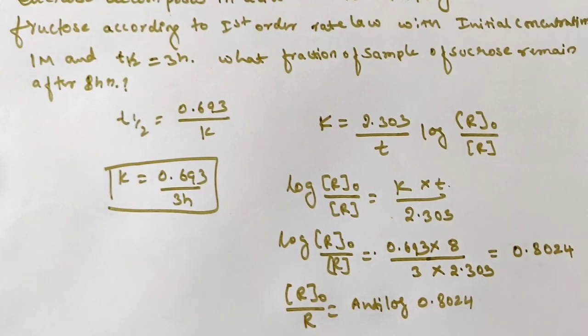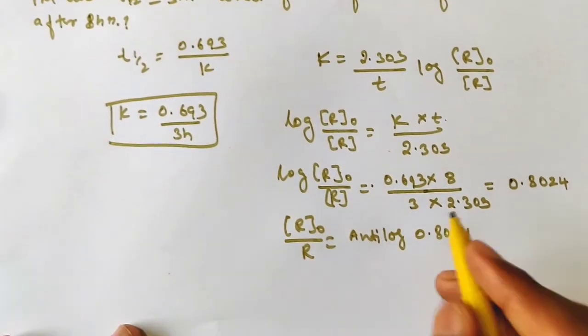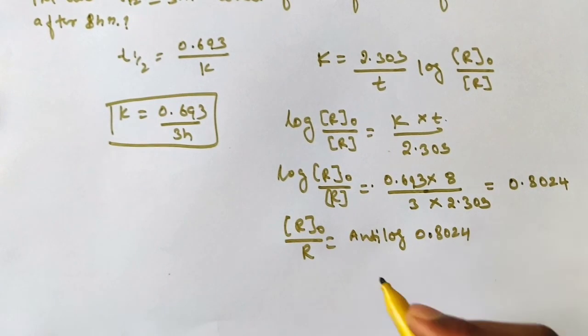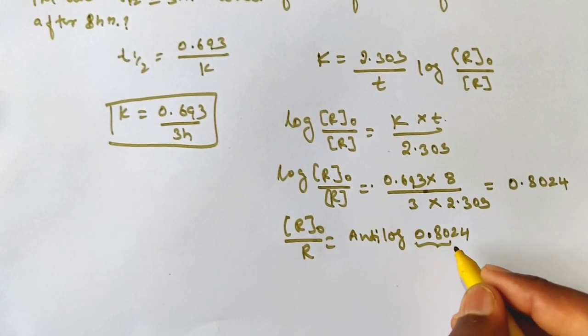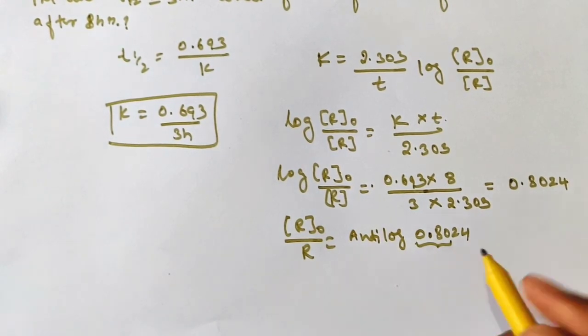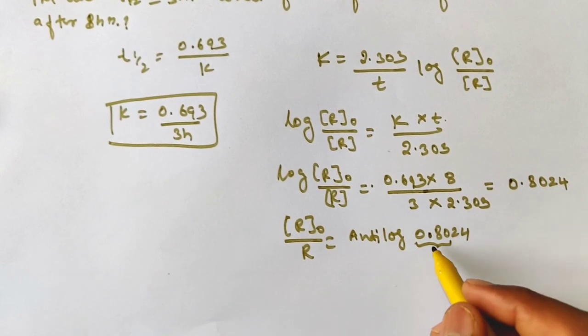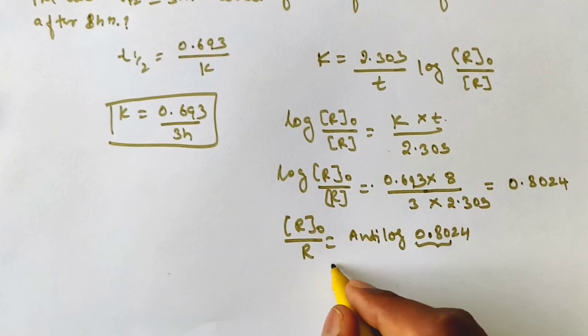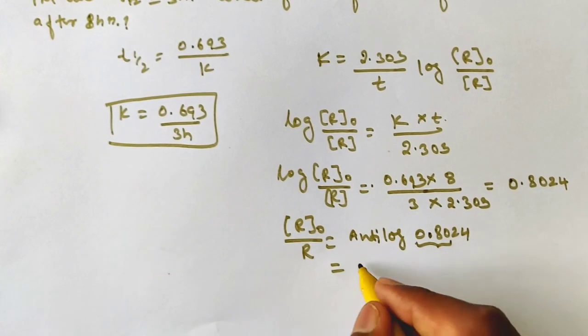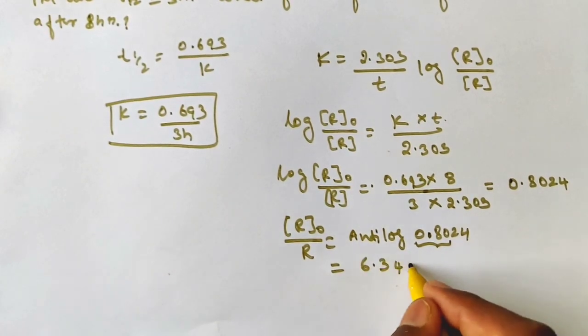When antilog is there, we should shift the number before the decimal, but here 0 is there, so no need of doing anything. Just see the value for antilog 0.80 in the table, and afterwards take the mean difference reference for 0.0024 in the table, then add that. So I have calculated that, and I got the answer, that is 6.345.